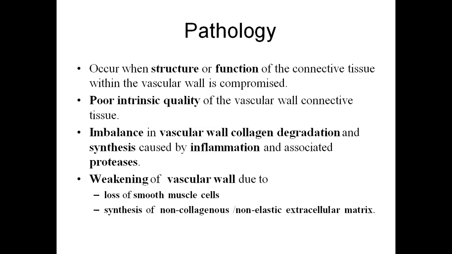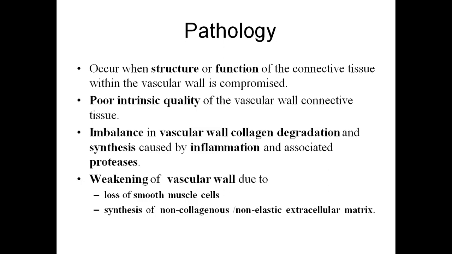So there is some defect in the normal structure and functioning of the vessel. Also, there is a poor intrinsic quality of vascular wall which creates an imbalance in the vascular wall collagen degradation and synthesis caused by inflammation associated proteases. That is, even vasculitis stands out to be the reason for development of aneurysm.